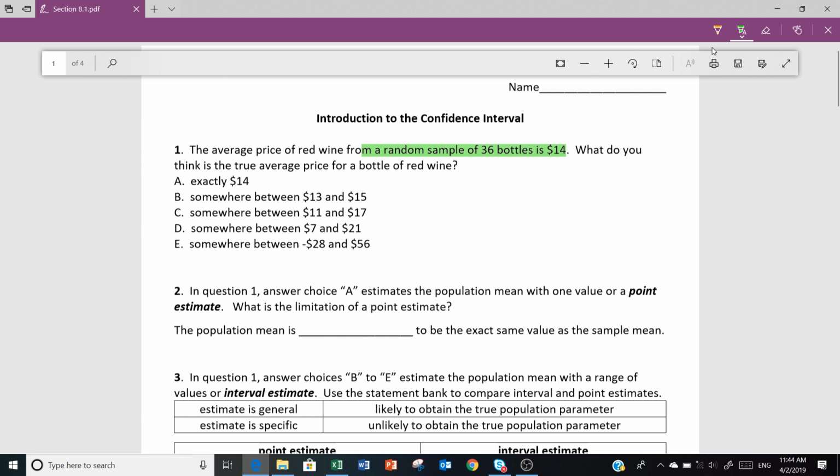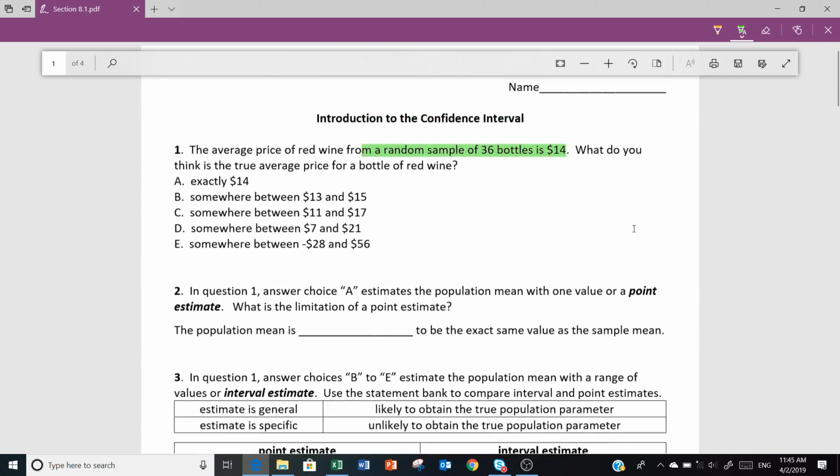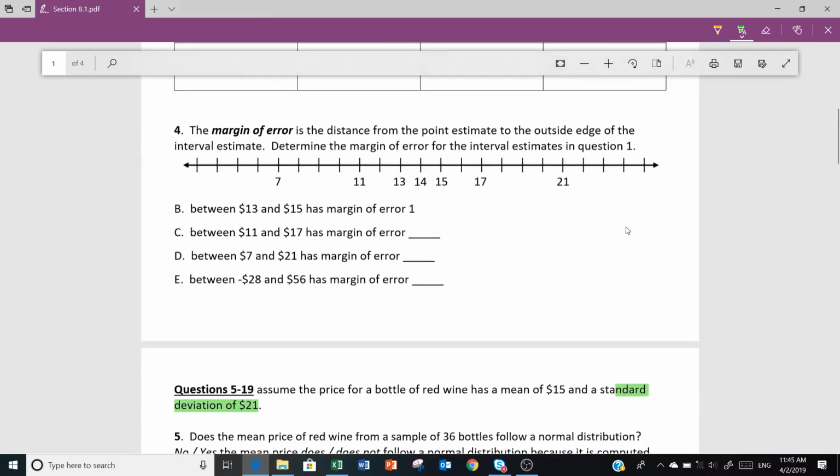And then what else do we need besides that? Standard deviation. So I actually gave the standard deviation. So it's good. Standard deviation's over here. Hold on.